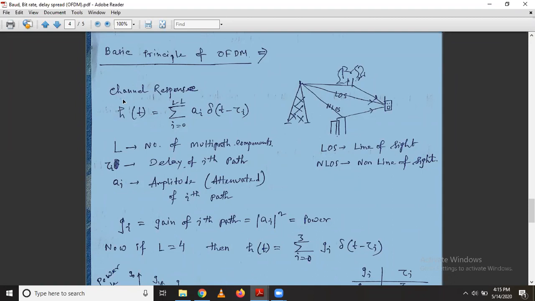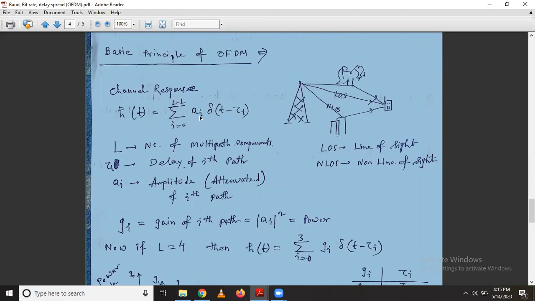This h(t) is a very important term. In whole wireless communication, you have to consider the channel impulse response, always denoted by small h(t), which is the summation of this. What is this actually?